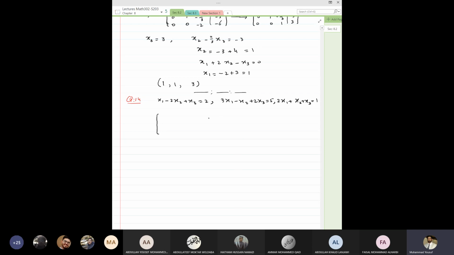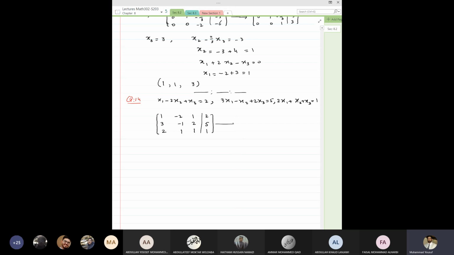So the augmented matrix is 1, minus 2, 1, and 2. Then 3, minus 1, 2, and 5. Then 2, 1, 1, 1.